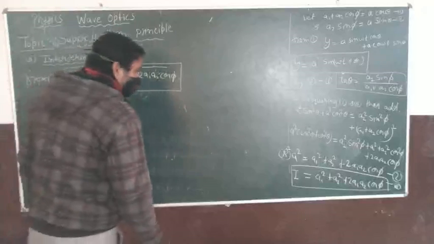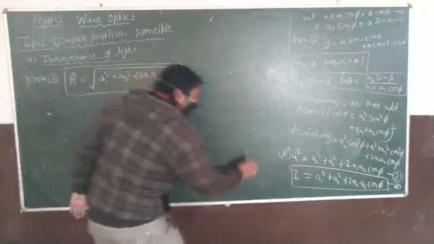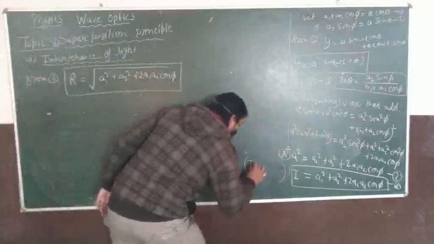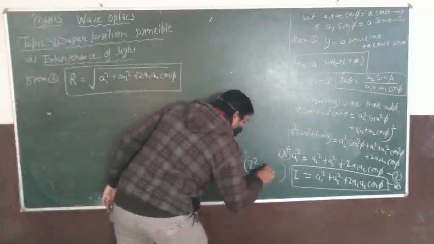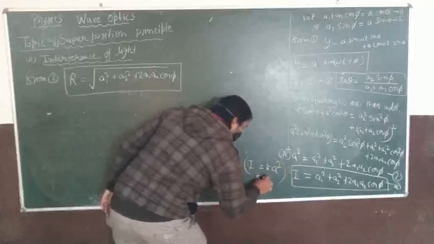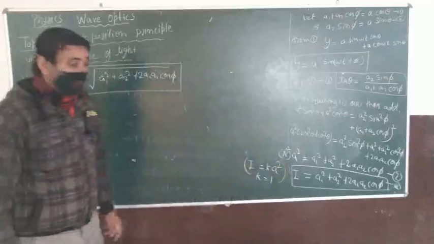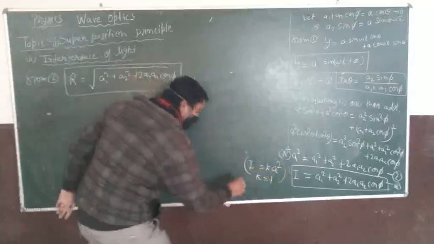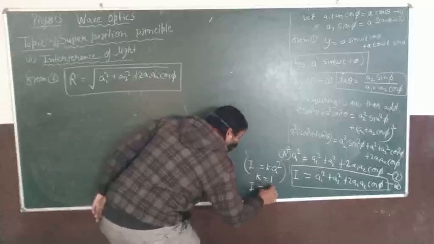Now, as we use here I is equal to k A square and k is equal to 1, we get I is equal to A square.